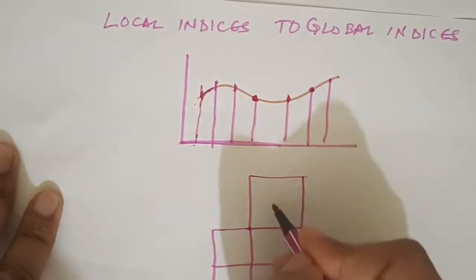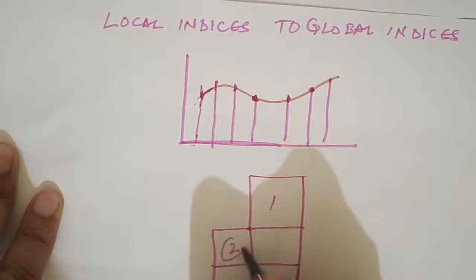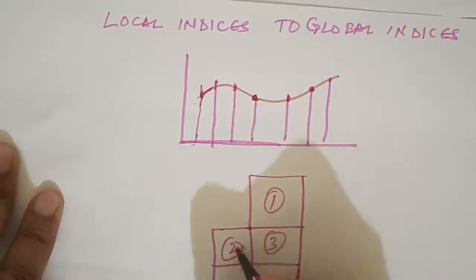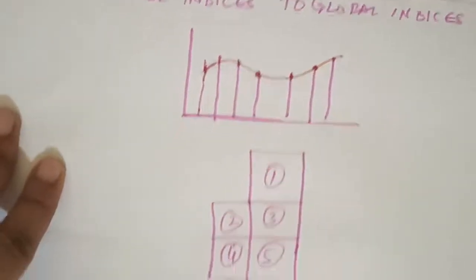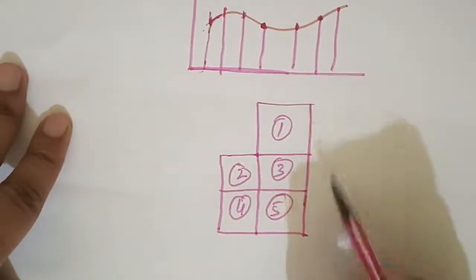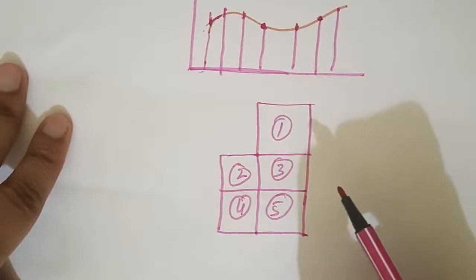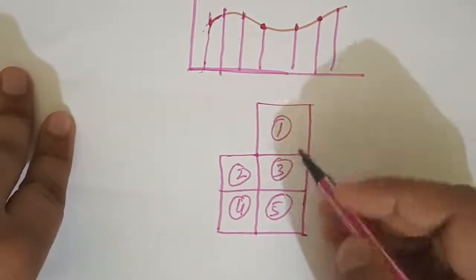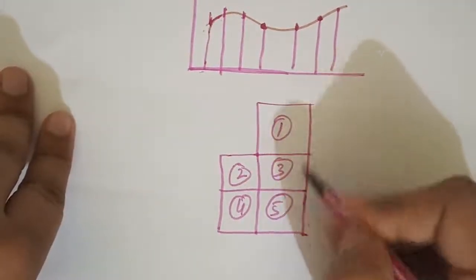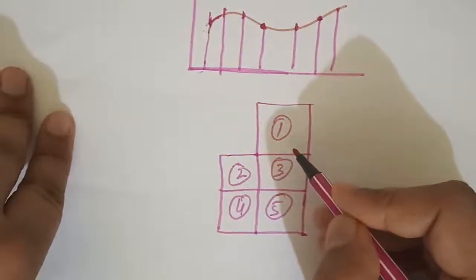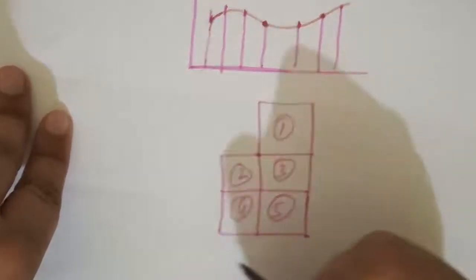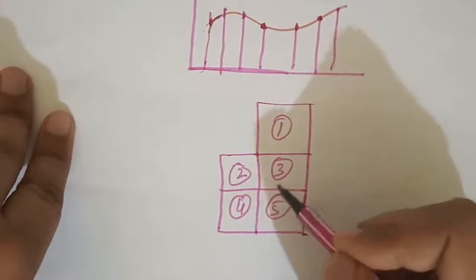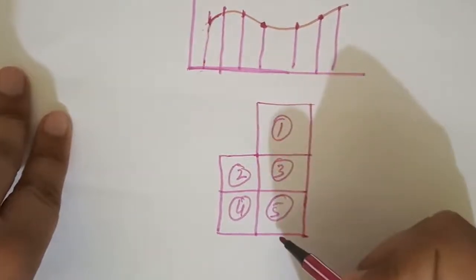Say we have 1, 2, 3, 4, say 5 nodes, and this is some kind of computational domain, and we have discretized this physical or geometric domain into 5 subdomains.